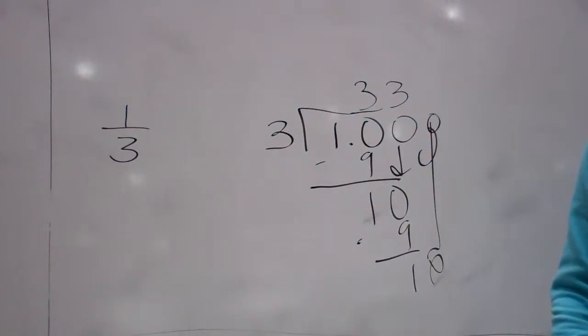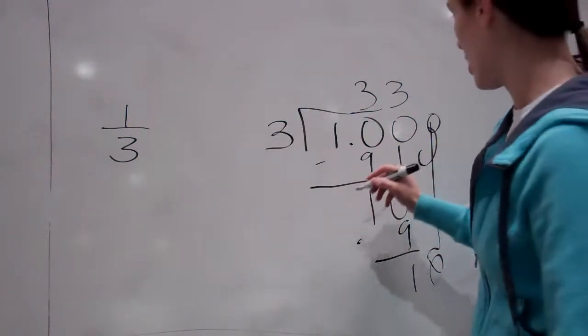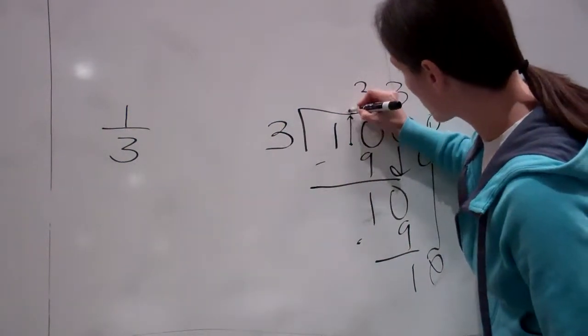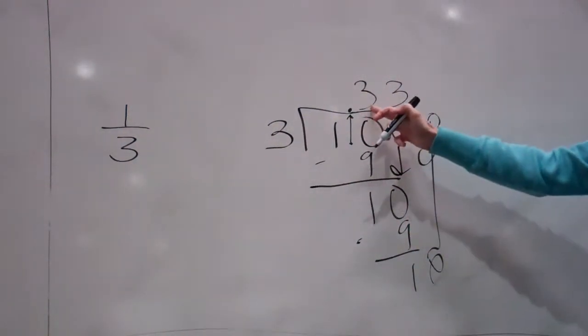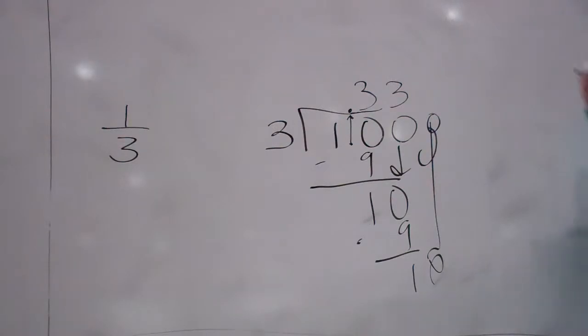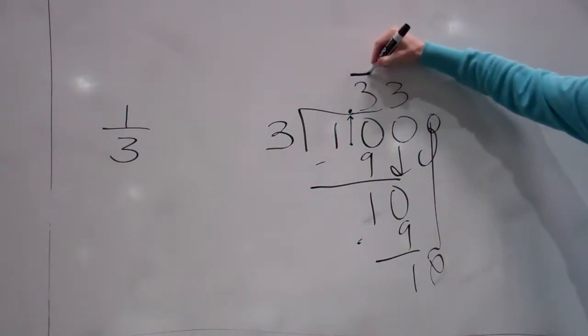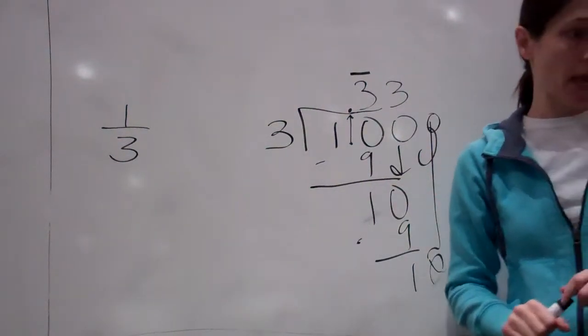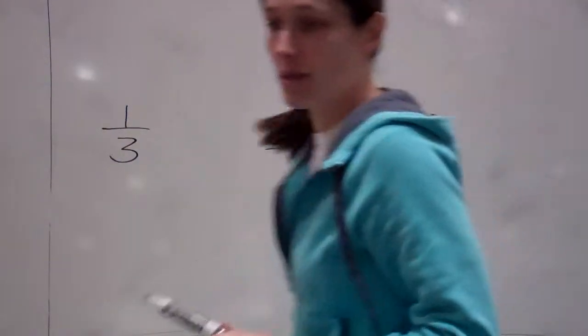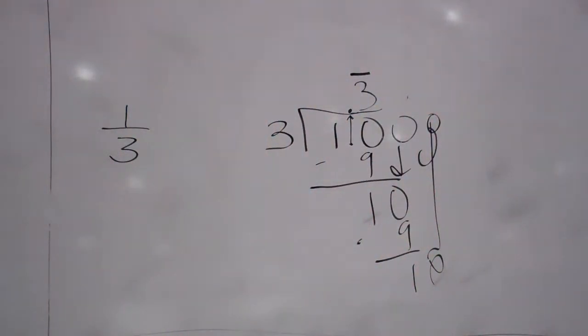So do you remember what that's called? Repeating bar. Okay, I'm going to bring up my decimal. And as you see, it's going to keep being 3, 3, 3, 3. So I'm going to put the bar over the first number that starts to repeat. And that is my answer. 0.3 repeating. Nope, you make sure you put it over the first 3.